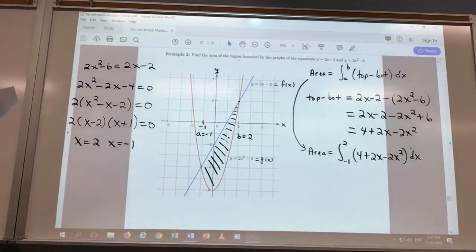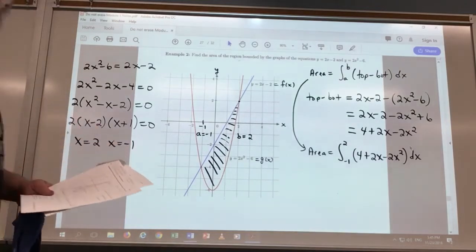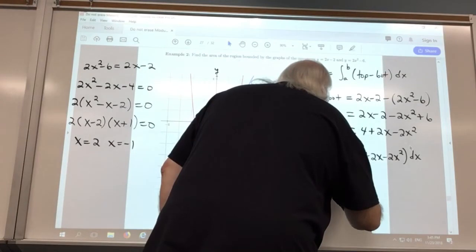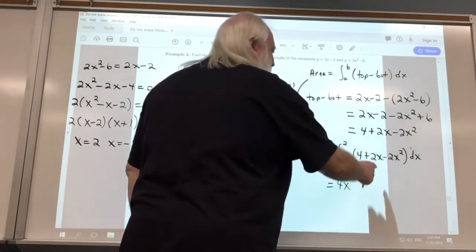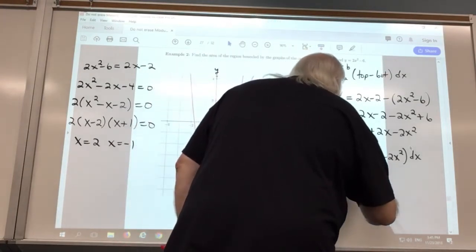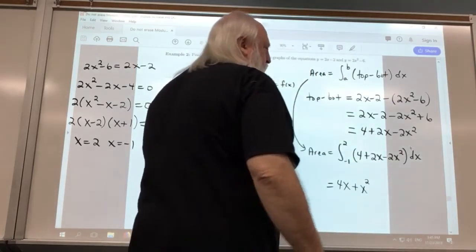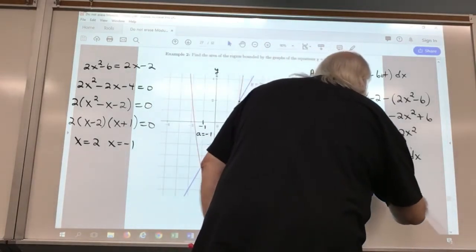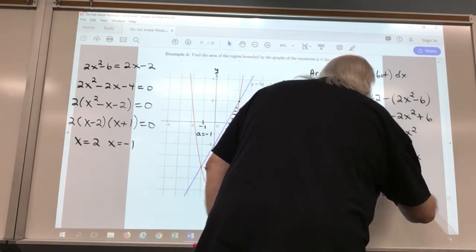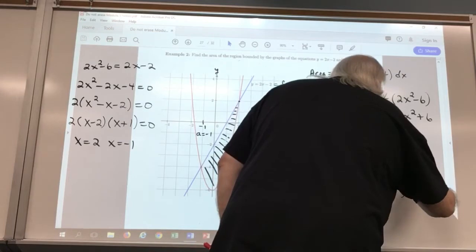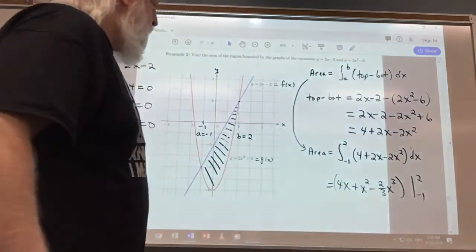The antiderivative of 4 is 4x, the antiderivative of 2x is x squared, and the antiderivative of minus 2x squared is minus 2/3 x cubed. The limits of integration are from minus 1 to 2.